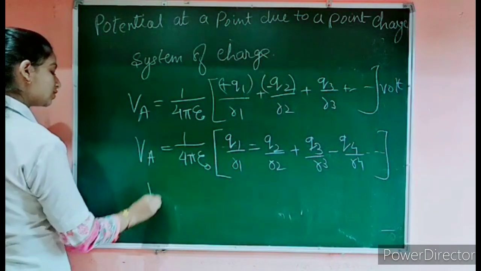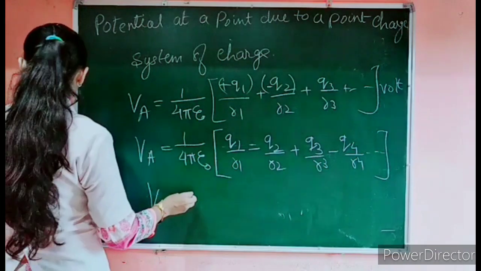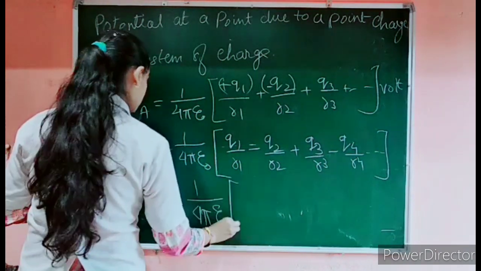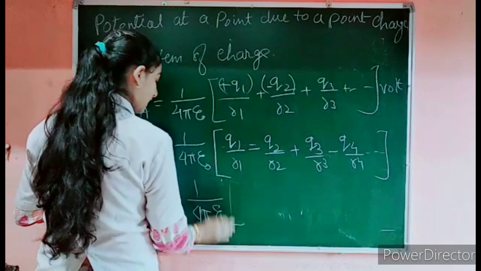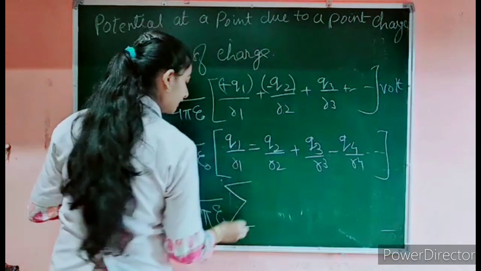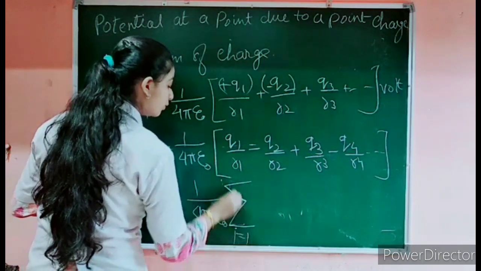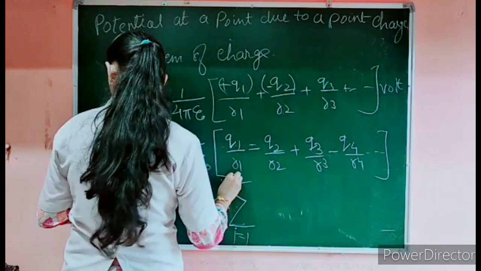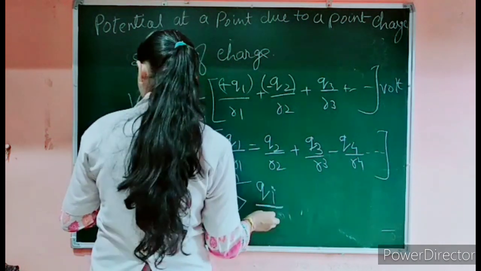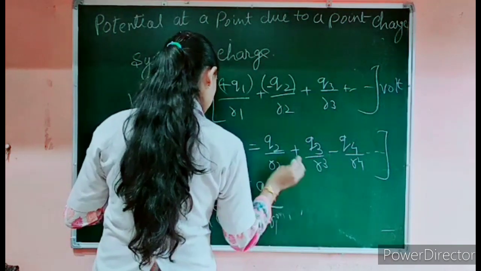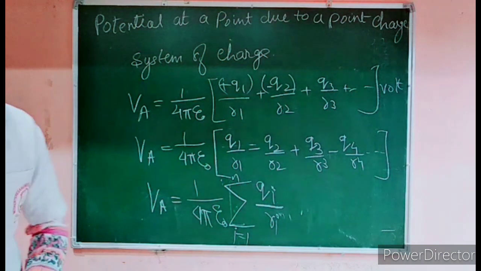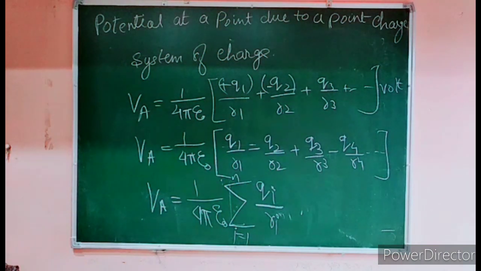In general form, potential is equal to 1 upon 4 pi epsilon 0 into the summation from i equals 1 to n of Qi upon Ri. This is the system of charges. Now we will continue.